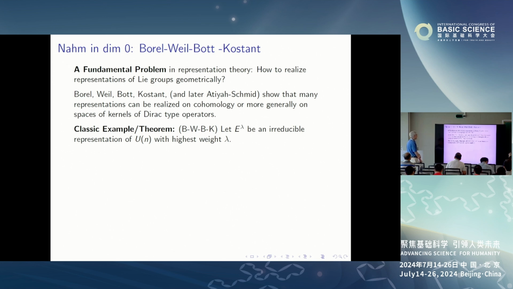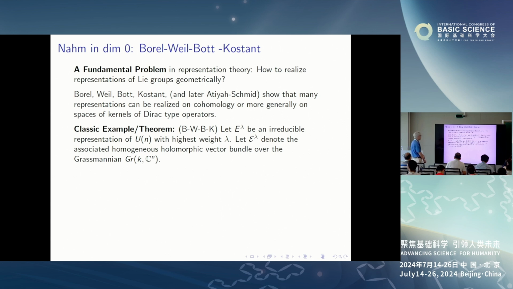So first, suppose E_λ is an irreducible representation of the unitary group U(n) with highest weight λ. Then there are some algebraic manipulations you can do associated with the highest weight to construct a homogeneous holomorphic vector bundle, which I call calligraphic E_λ, over the Grassmannian manifold, the Grassmannian of k-planes in C^n.